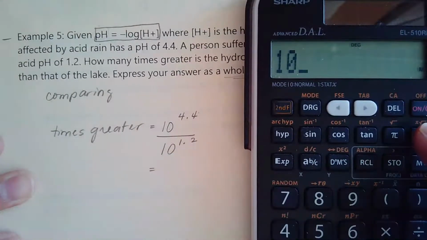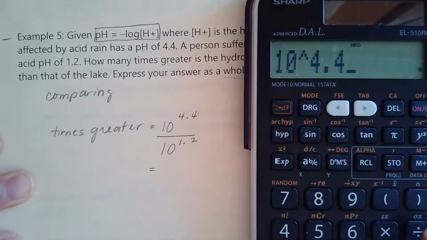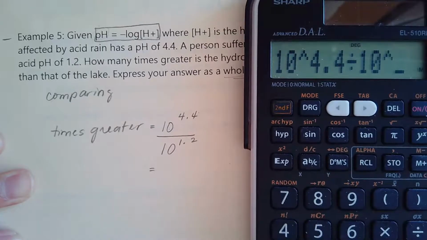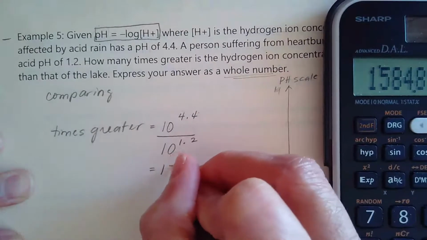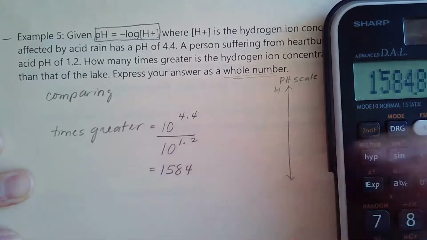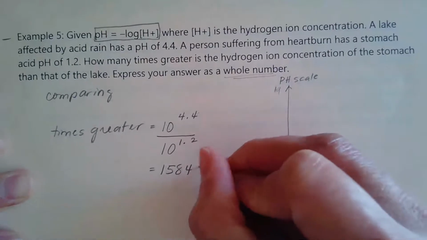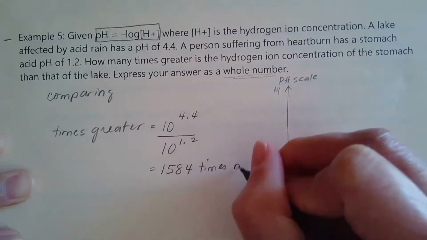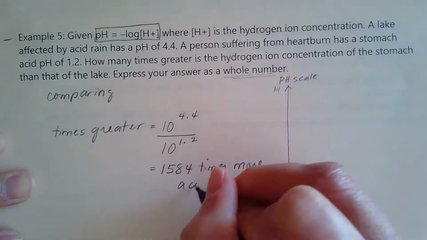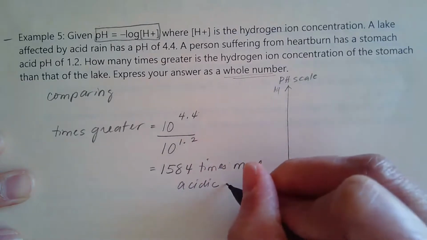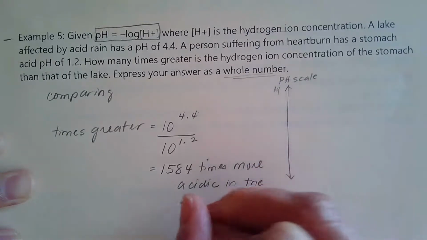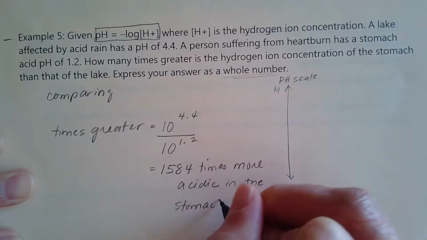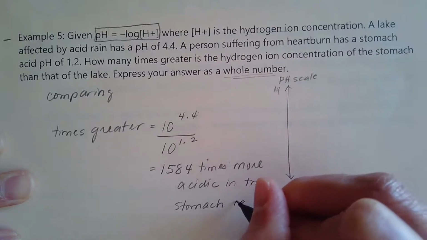So 10 to the power of 4.4 divided by 10 to the power of 1.2. It's going to give us 1,584 times more acidic in the stomach compared to the lake.